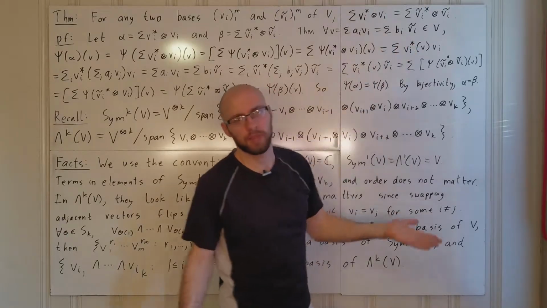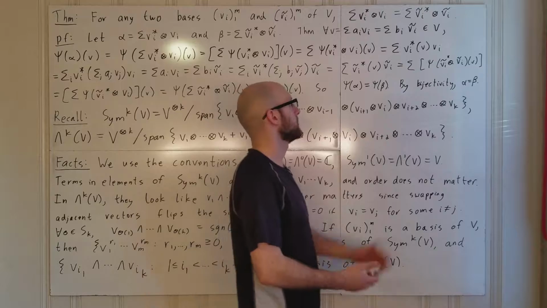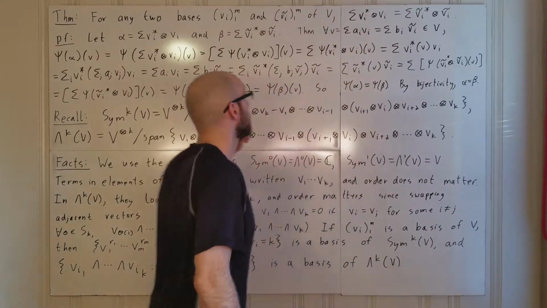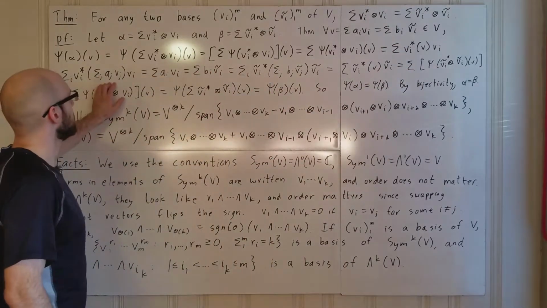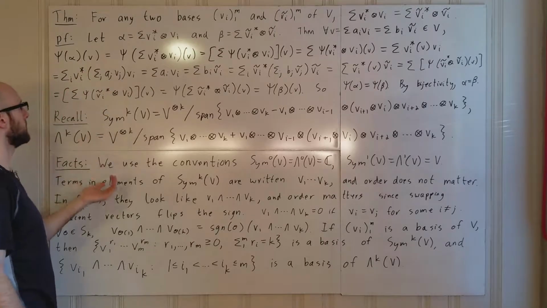But we can do the same thing with the v tilde i's, but we'd have probably different scalars, and we call them b_i here. So anyways, you plug in v, and then if you look at what happens, v_i star of v_j is going to be delta ij.